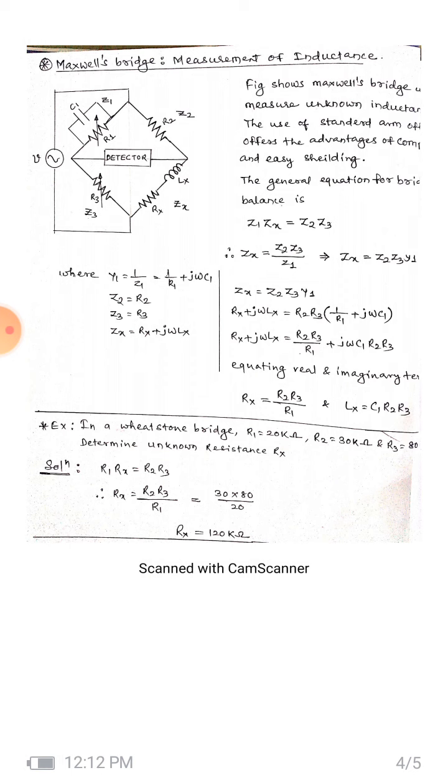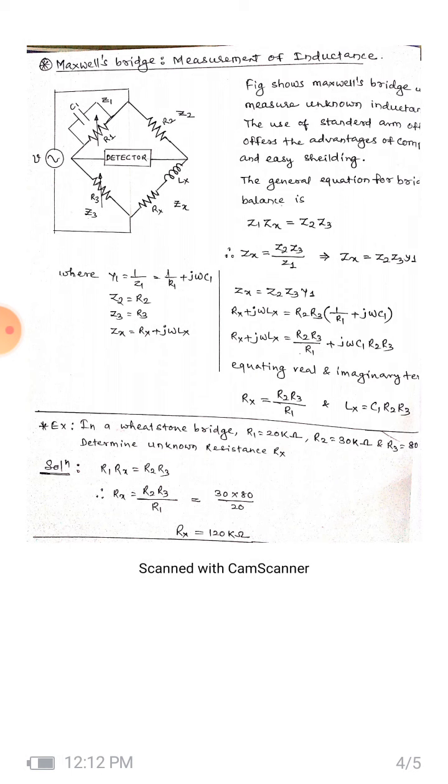Zx is Rx plus j omega Lx, that is, the resistance Rx and Lx are connected in series here. So we can write Rx plus j omega Lx is equal to R2. For arm Z2 there is a single resistor R2, so we write R2 as it is, and for Z3 there is a single resistor, which we write as R3.